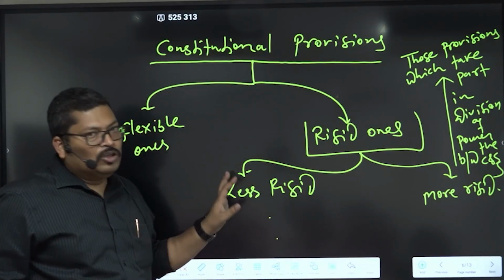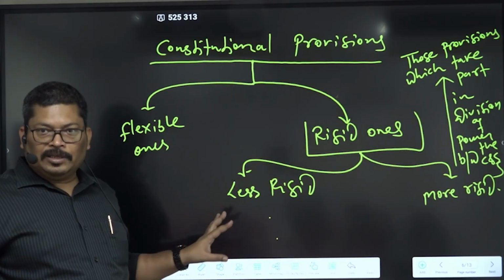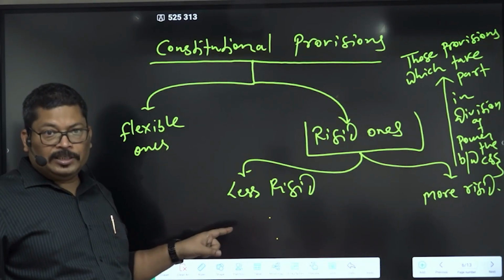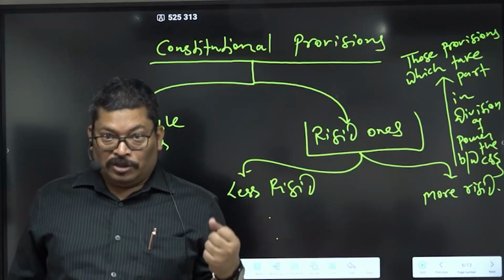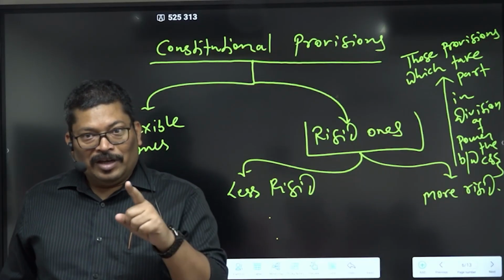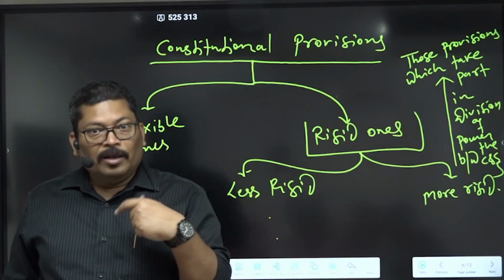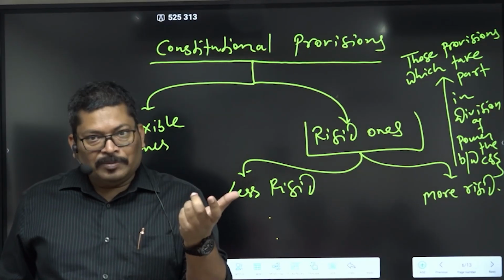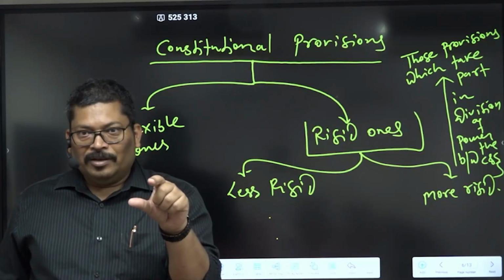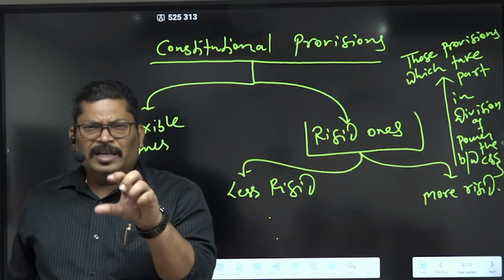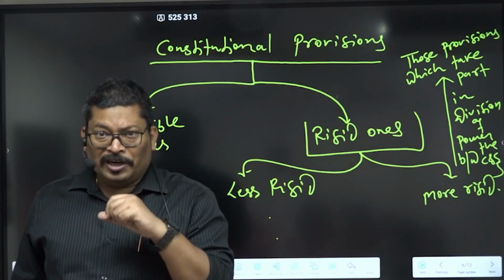And those provisions which do not take part in division of power between the center and states, but uphold the philosophy of the Indian Constitution, are less rigid. For example, the preamble to the Constitution of India, fundamental rights, DPSPs and all. They are less rigid, because they do not take part in division of power between center and states.